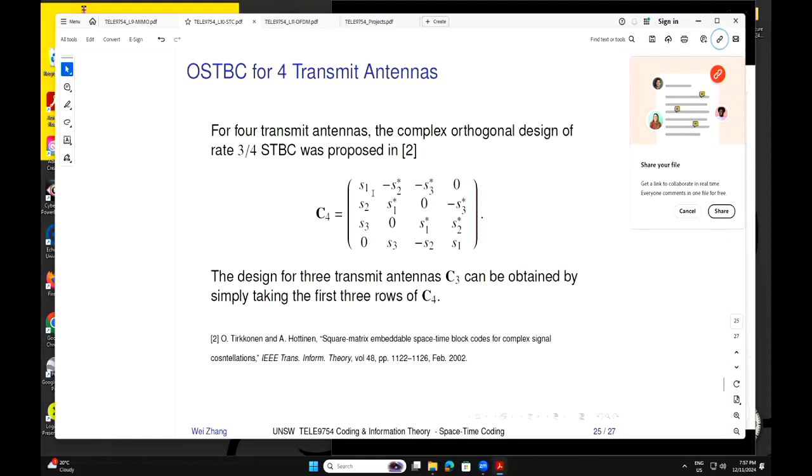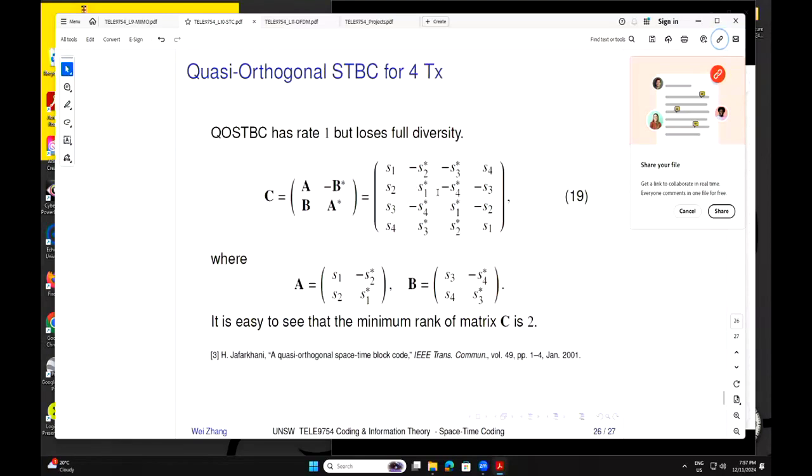Basically this one has 4 time slots and 4 antennas. The first row is sent from the first antenna, the second row from the second antenna, then the third antenna, the fourth antenna. But you see, I have some zeros. If you add S4, this is not full rank. It can be proved, okay? Like you see, I add S4 on the anti-diagonal here, but it's not full rank.